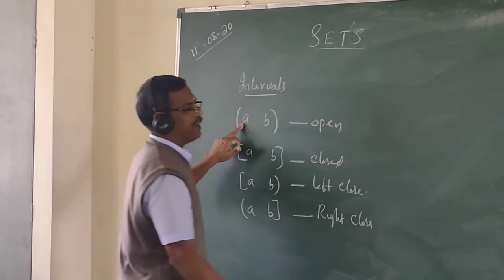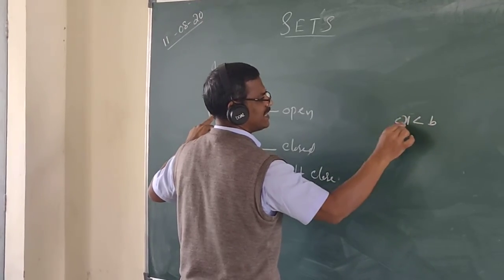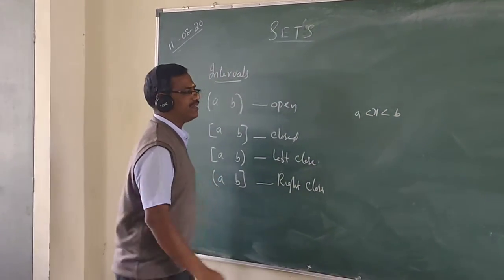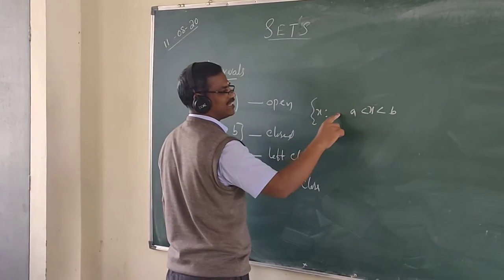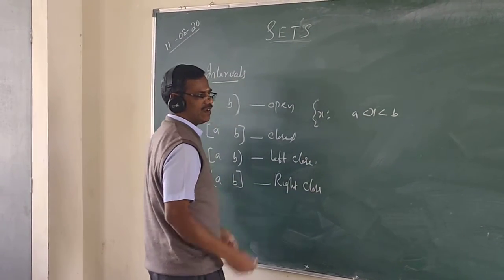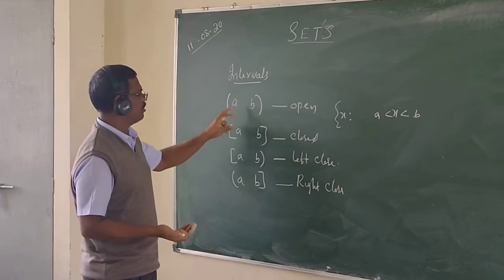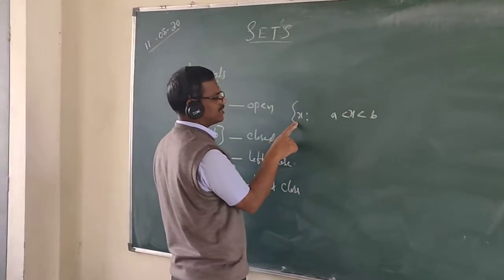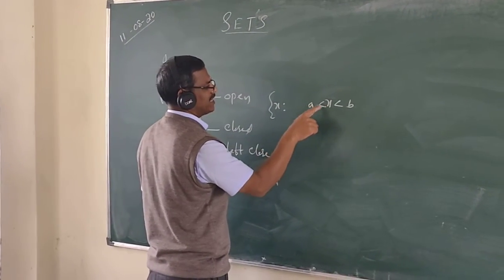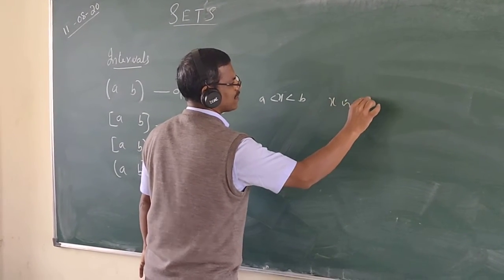Mathematically we write it as the set of all x such that x lies between A and B, where A and B are real numbers and x is a real number.